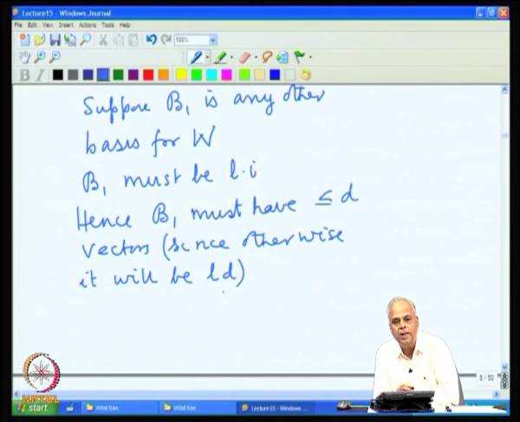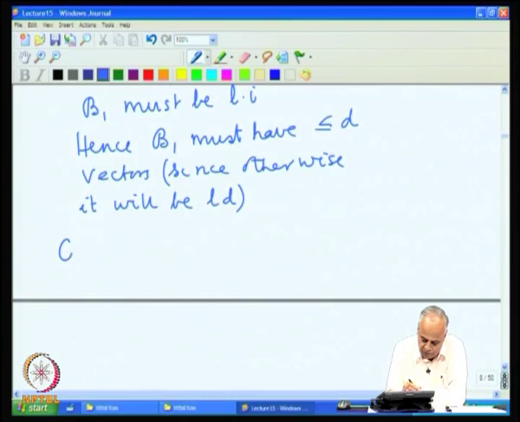And therefore, it says the moment you have one finite basis, all other bases have to be finite, and can add at most that many vectors. So, what is the conclusion?